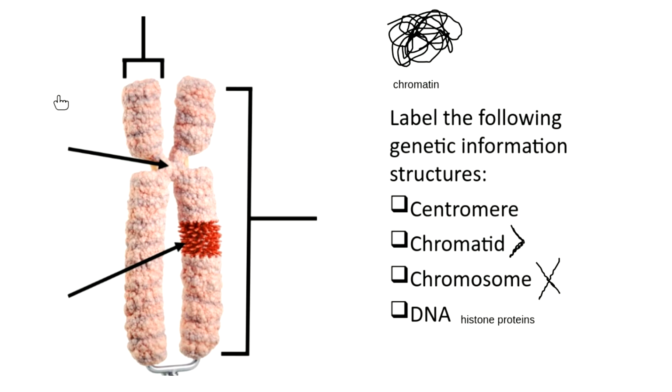But the place that we labeled it on our model is right here. So this entire structure is made out of DNA, but when we talk about it in this X shape, we call this whole thing a chromosome. The chromosome is made of DNA that's arranged in these chromatids, these little half lines.